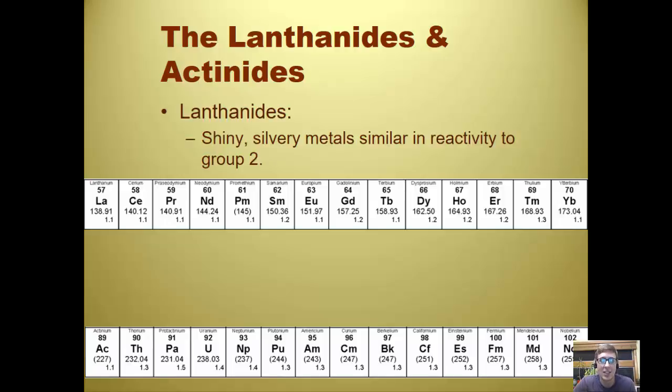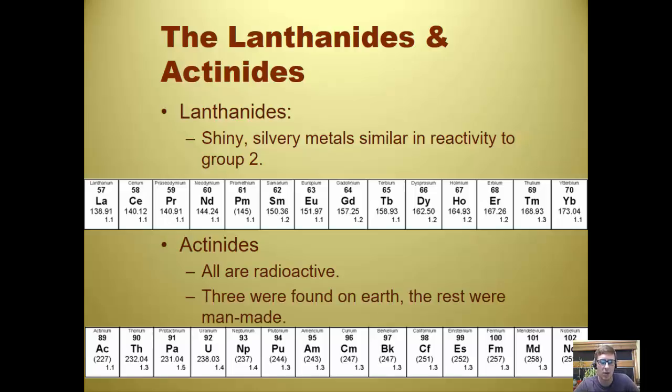The lanthanides, they're shiny silvery metals in reactivity similar to group 2. Again, not as reactive as group 1, but similar to group 2. And the actinides down below, they're all radioactive. Remember, radioactivity is just an unstable nucleus that has a tendency to break down and give off gamma rays and those alpha and beta particles.